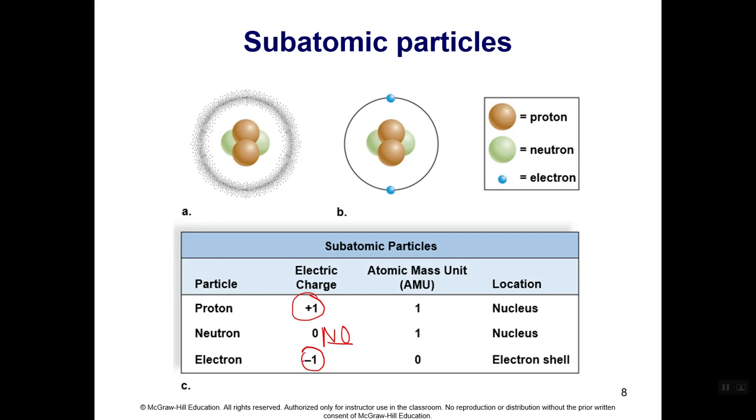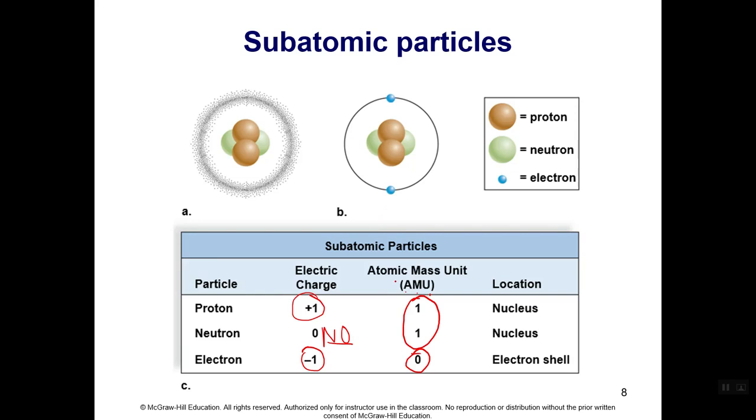And electrons have a negative charge. Next, the atomic mass. Protons and neutrons have an atomic mass of 1 atomic mass unit each. And then electrons are so tiny. They're so little that their mass is negligible in calculation. So we basically just say that their mass is 0.